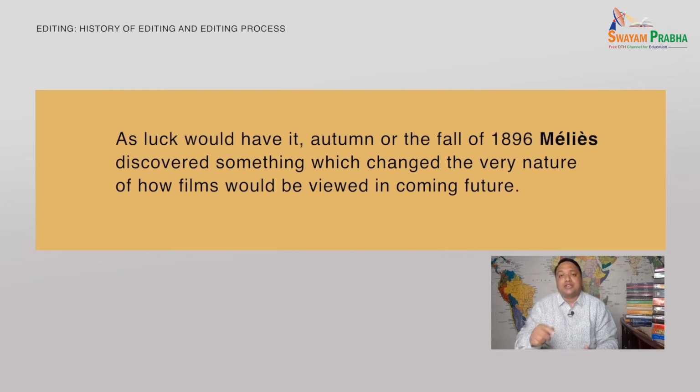The camera's capacity to manipulate time and space was discovered at that very moment. Now, with this capacity to manipulate time and space, Méliès was able to invent many technical and narrative tricks, and he synthesized all of them perfectly in many of his films.